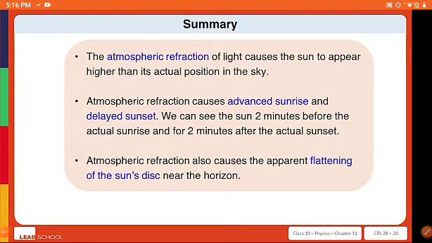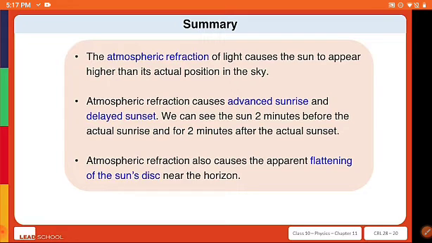So students, in this video we have learned that atmospheric refraction takes place. That's why the sun appears higher than its actual position, and the sunrise is advanced compared to the actual sunrising time. So this is also the cause of delayed sunset.